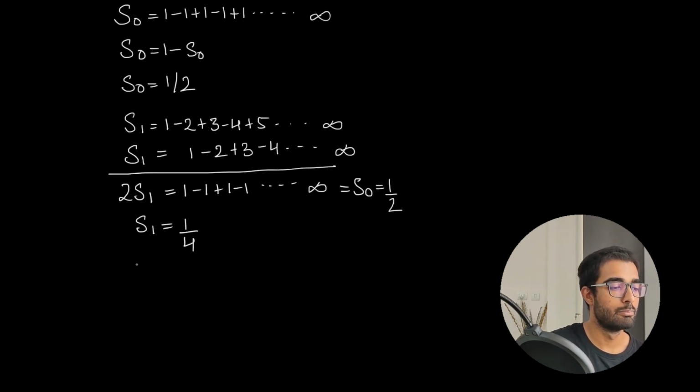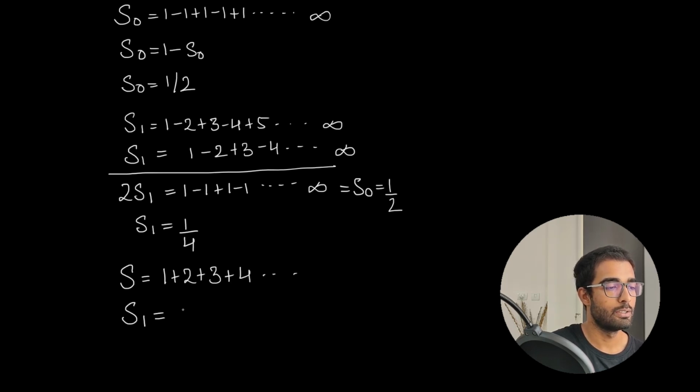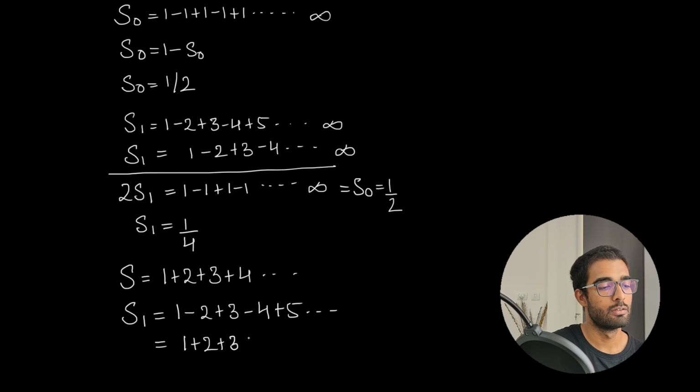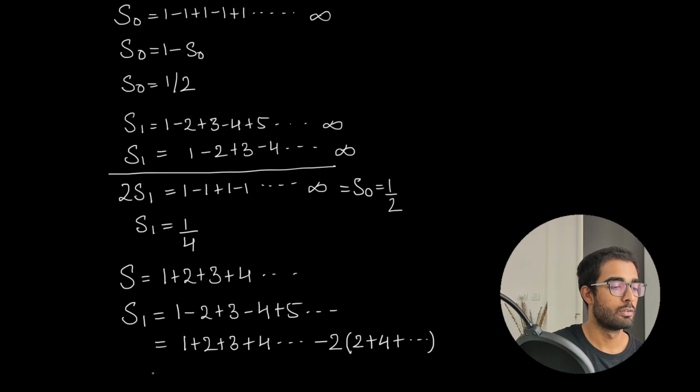Now let's take the main series and take S1. Now we can write S1 as 1 plus, and I'll subtract 2 times, and this is actually S minus this.